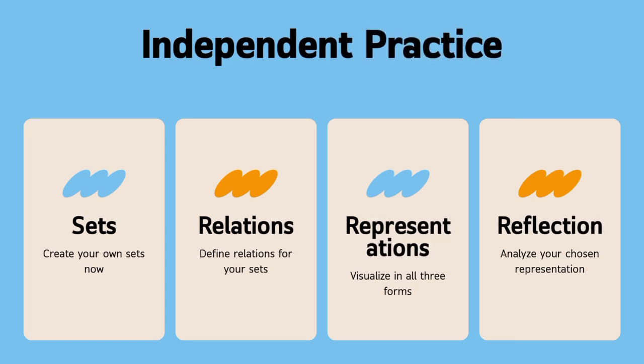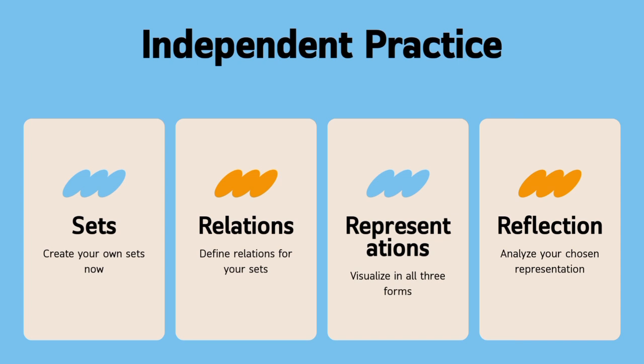Now it's your turn. Create your own sets. For example, set A could be red, blue, and green, and set B could be circle and square. Define a relation between them. Maybe red relates to circle, blue relates to square, and green relates to circle.